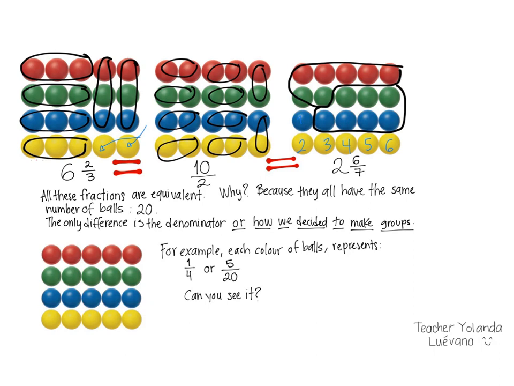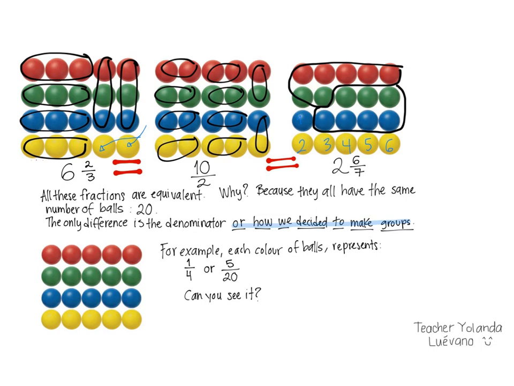But what's the meaning of a denominator? Remember, the denominator is how we decide to make groups. That's the most important thing. A denominator is how we make groups or how we divide an object. For example, each color of the balls represents 1/4 or 5/20. Can you see it? Why?